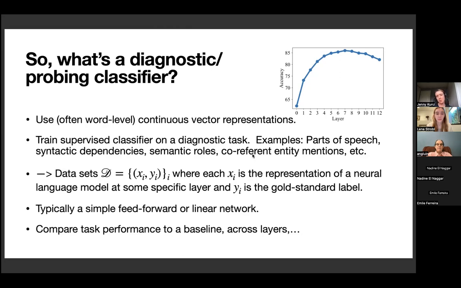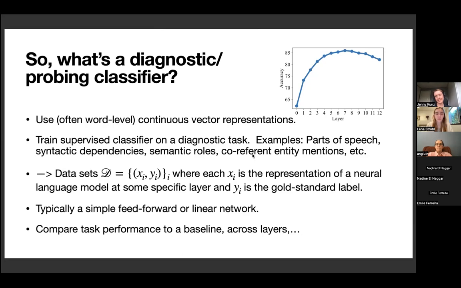In this example plot, you see some example task where you have a worse performance in the first layers, but if you take representations from higher layers of this 12-layered model, then the diagnostic classifier gets a higher accuracy.